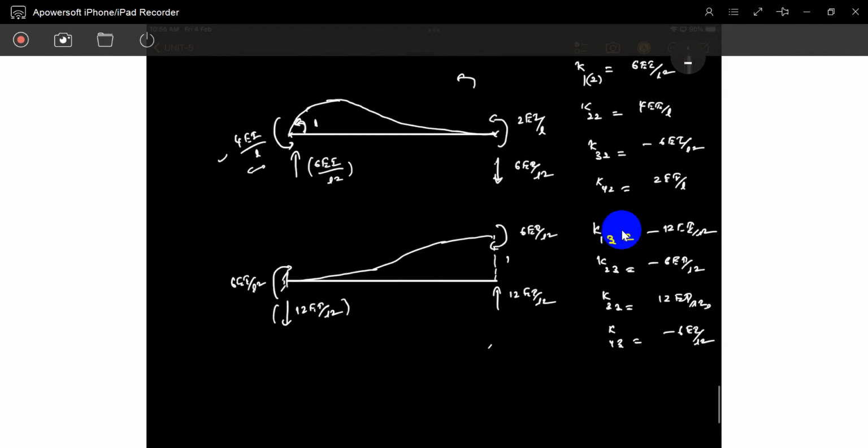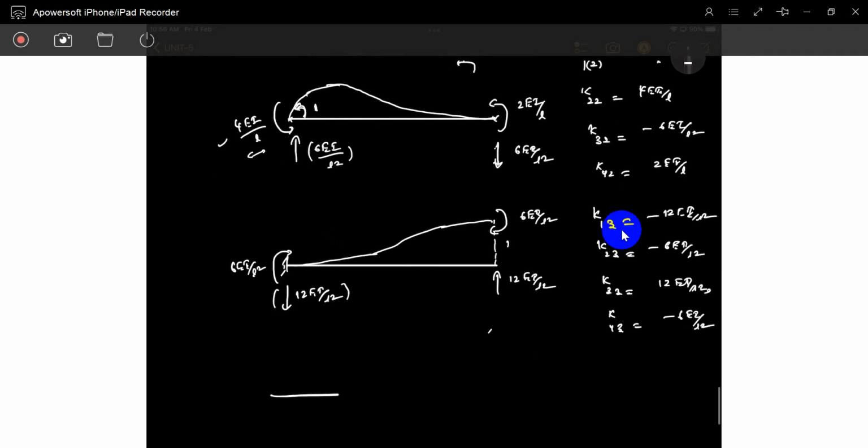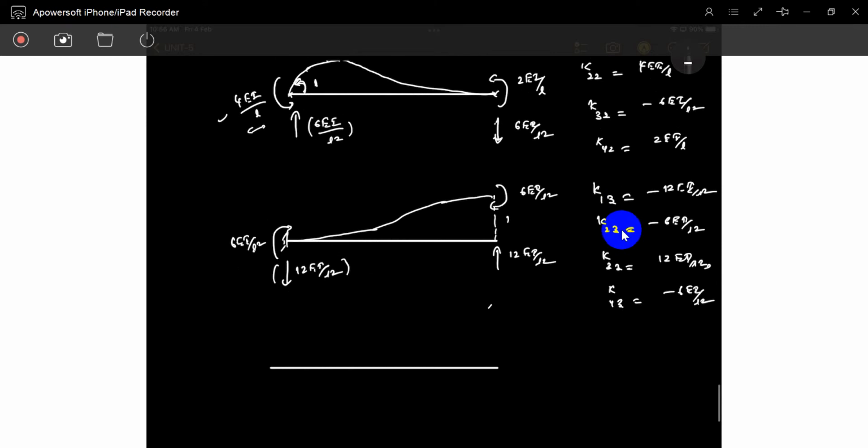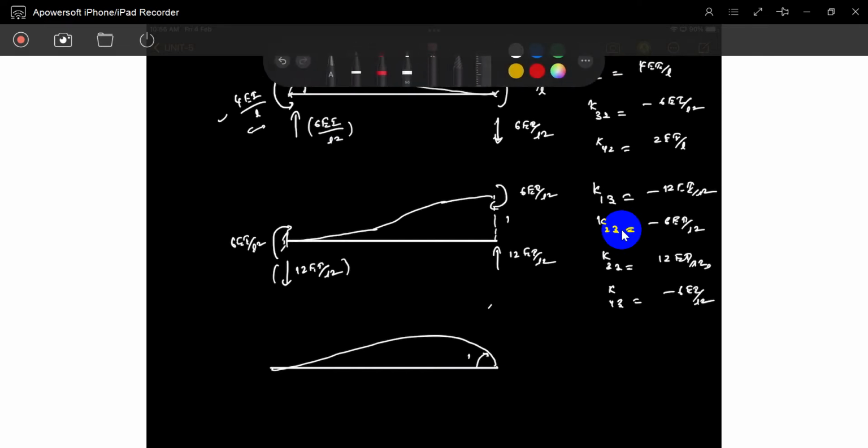Again the fourth: unit deformation in the anti-clockwise direction. Is it clockwise or anti-clockwise? We require anti-clockwise.